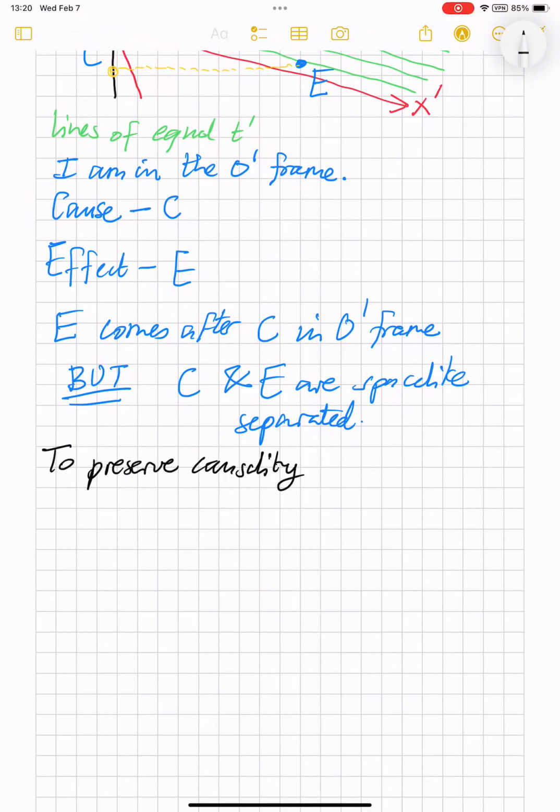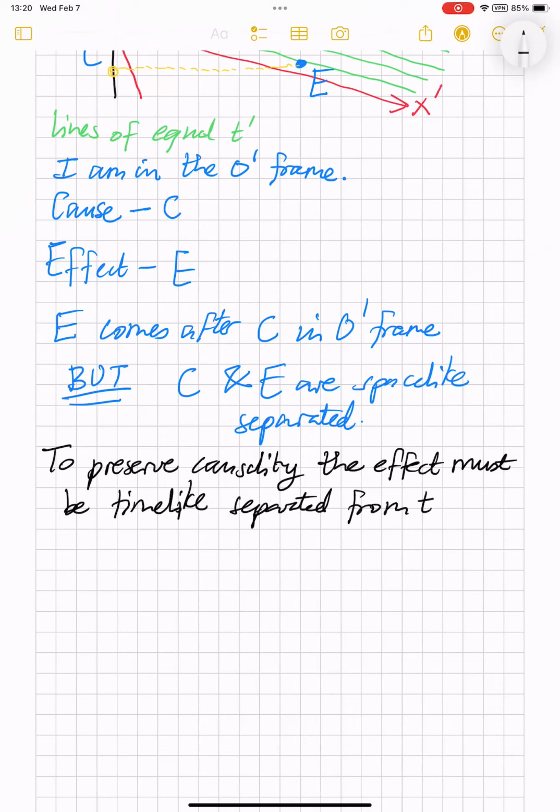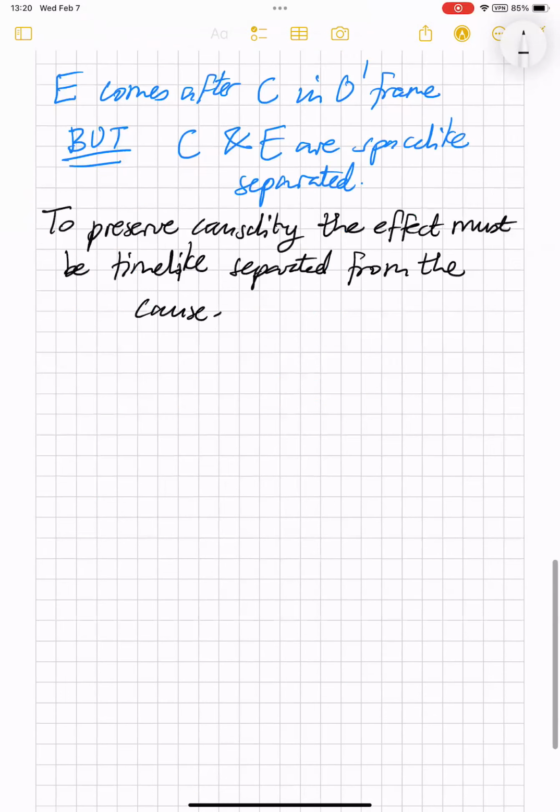To preserve causality, the effect must be time-like separated from the cause.